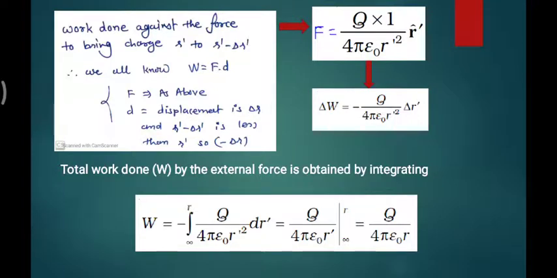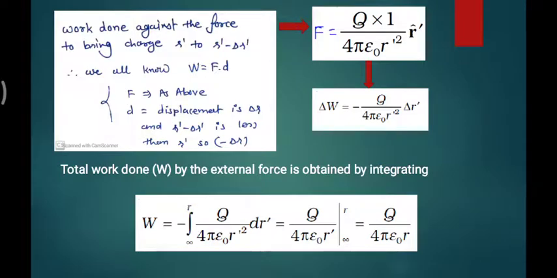Okay, so when integrating, the delta is going to be dr. Then in this integration, Q over 4 pi epsilon 0 is taken common. Then the integration of 1 upon r square is minus 1 upon r. Then the minus and this minus will cancel out.